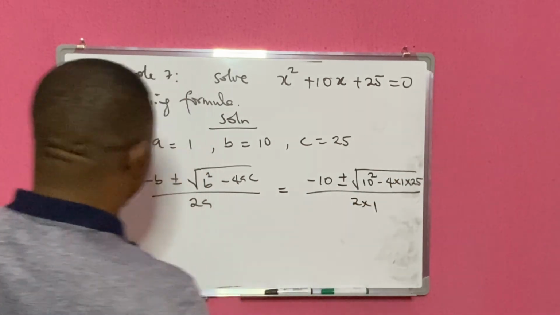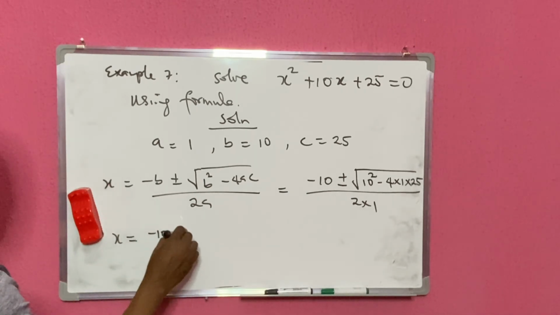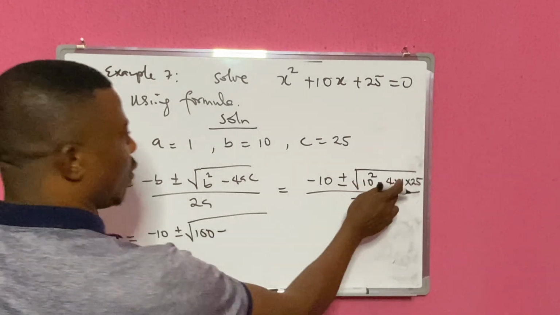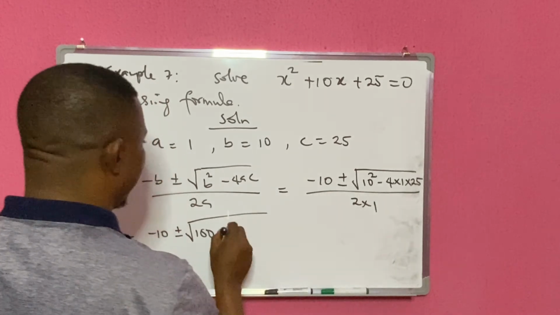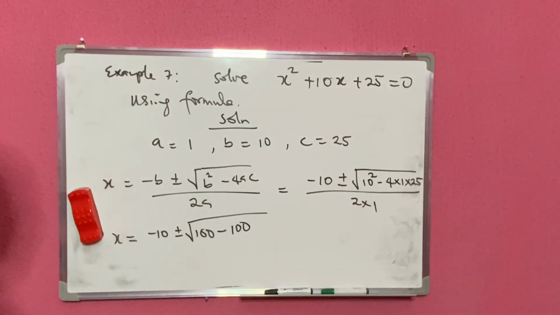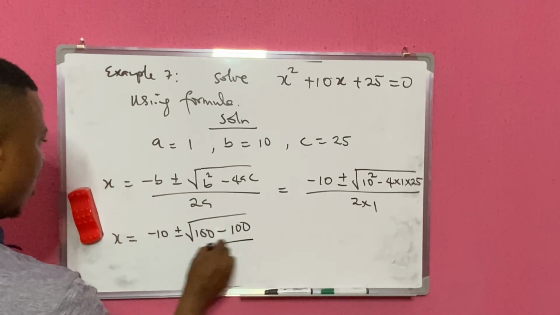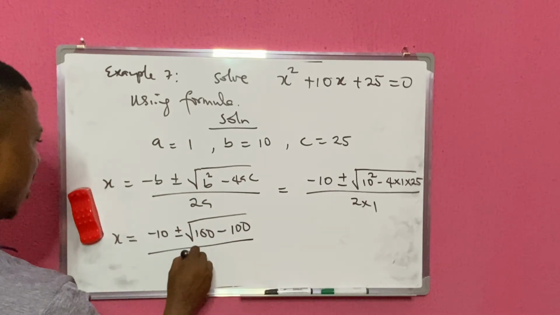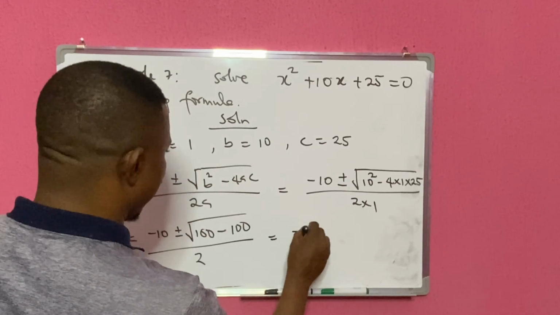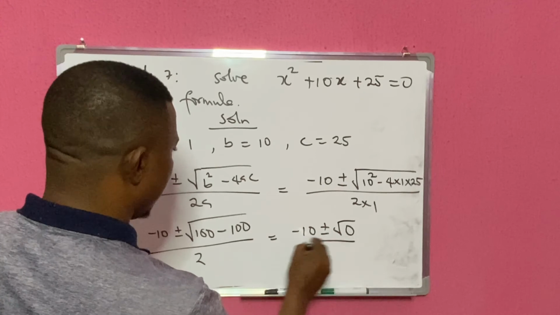What is a? 1. x is equal to minus 10 plus or minus the square root of 100 minus 4 times 1 times 25. I'll have 100, all over 2. This will give us minus 10 plus or minus root 0 all over 2.